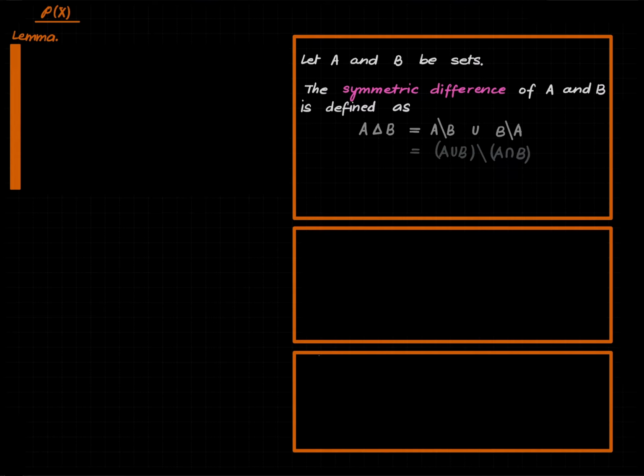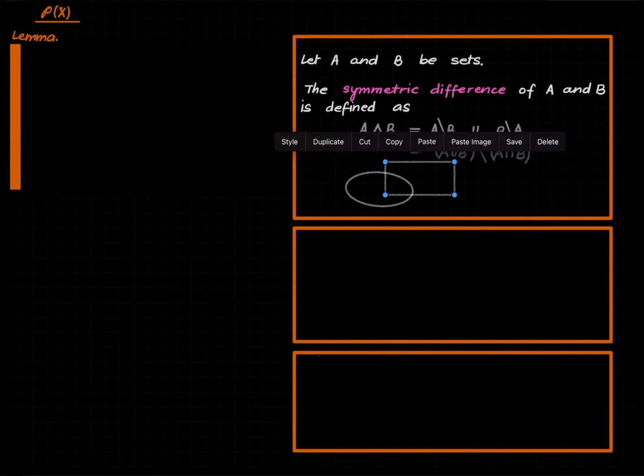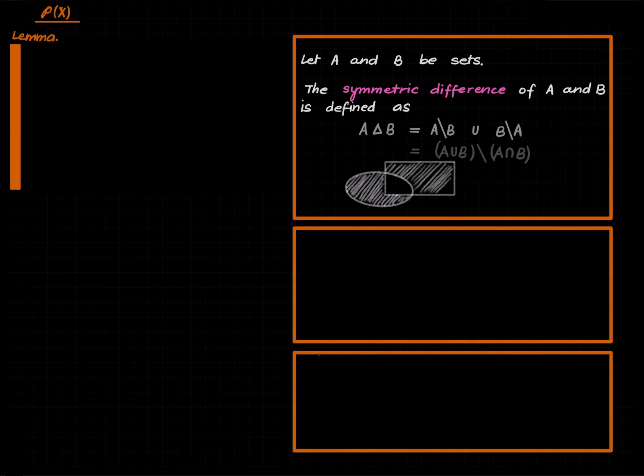But if you wanted to draw a picture, if this is A and that is B, then the symmetric difference is the shaded region, the things which are in A but not in B, and the things which are in B but not in A. Very simple concept. So here is a small definition.